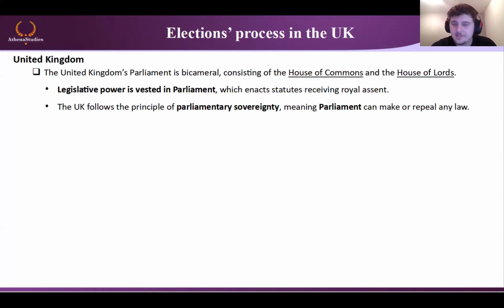That's how I wanted to build the course, so that you can easily compare each jurisdiction's process using my slides. So, legislative power is vested in Parliament, and the UK follows the principle of parliamentary sovereignty. That means that Parliament can make or repeal any law. So Parliament is really, really important in the UK.